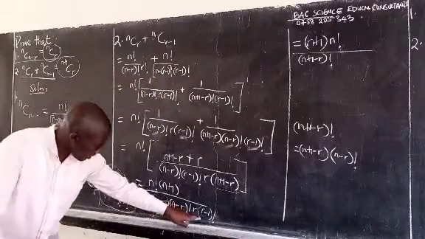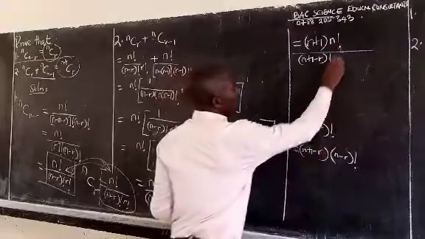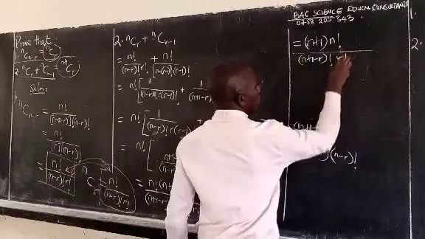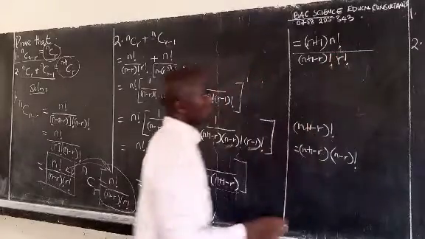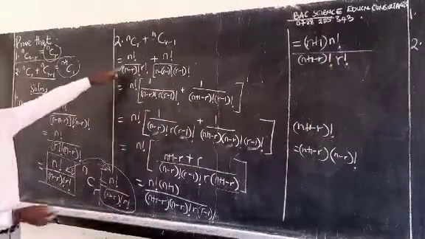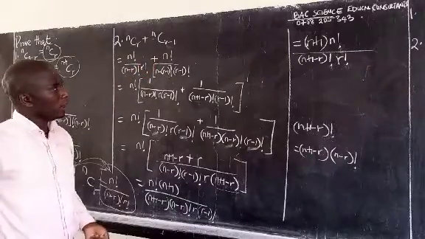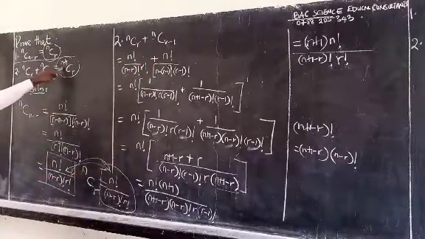Then r times (r-1)! is r!. That one is this plus that. But we are told to show that it is actually equal to this.